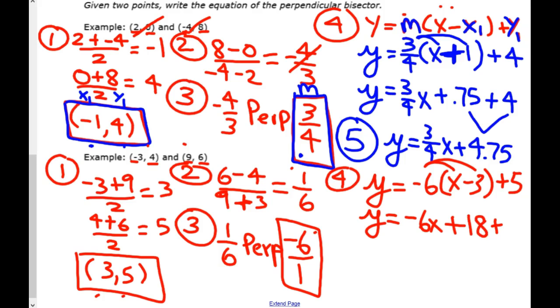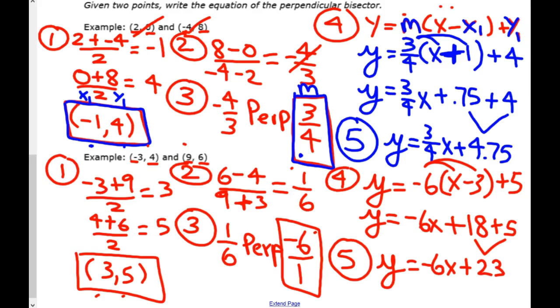Bring down plus 5. And now, my step 5, my final answer. Y equals negative 6x, combine like terms. What's 18 plus 5? 23. Now, how many of y'all who did it before me get the same thing?